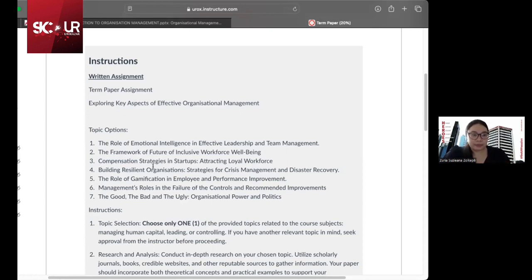And then building resilient organization strategies for crisis management and disaster recovery. Okay, the role of gamification. I think this is quite interesting as well. Nowadays, employees are looking for something different in performance improvement, right? In performance evaluation as well.